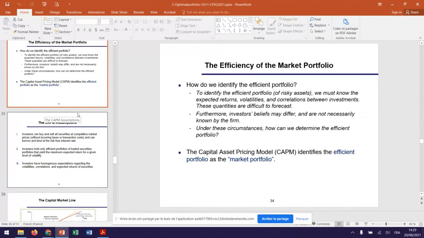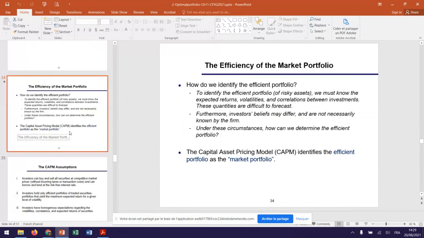Basically, we can choose the market portfolio, for example the S&P 500, as a proxy. Do you understand what a proxy means? The proxy is the representative of the efficient portfolio. You assume that the market portfolio is an efficient portfolio.